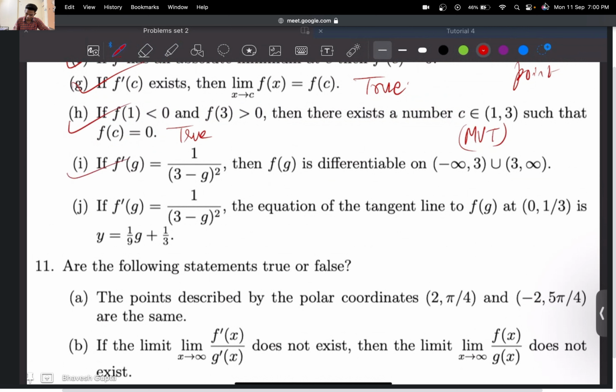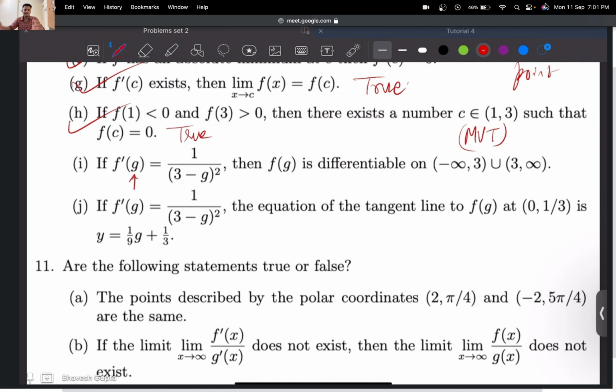Now let's go to the next point, where you have a derivative of a function. Don't take this g to be some function. See over here, g is some variable. Don't get fooled by seeing this g as a concatenation of functions.